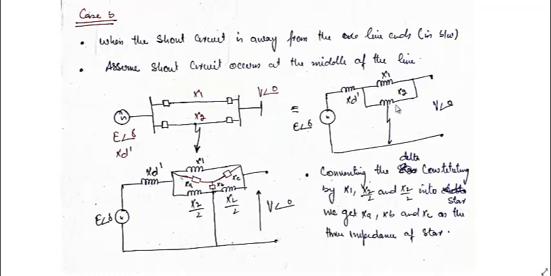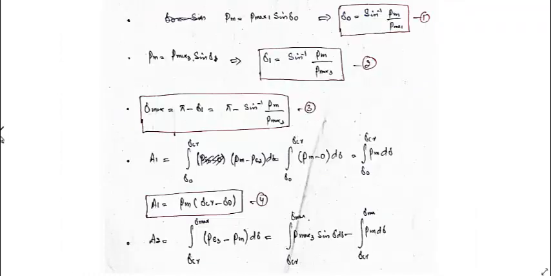Here you can see there is no direct impedance. We have XD dash and X1 which are connected in delta, and then this connected to ground. So there are different combinations. We need to find out a direct impedance between this point and this point, so that we can calculate the electrical power.